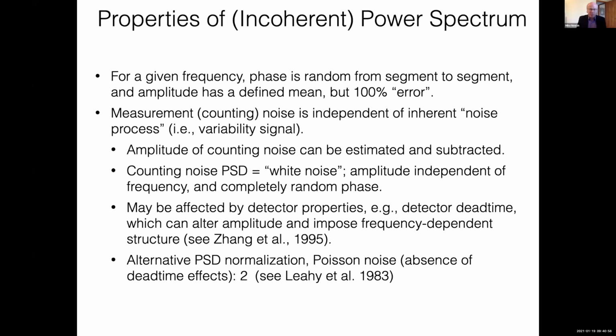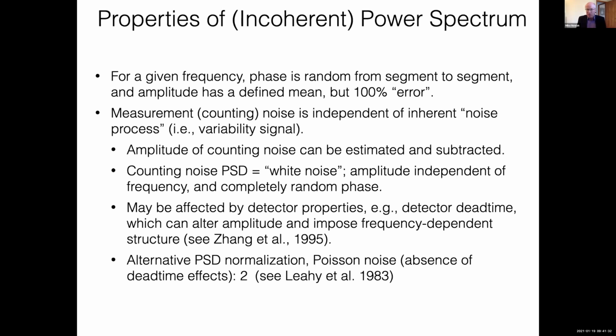However, for one segment and one frequency bin, that measurement essentially has 100% error to it. For the infinite light curve, there's some well-defined average, but for that one individual segment, the power spectrum is not a good representation of that mean. You have to average very many of these together to get a good measurement of that mean. On top of that, we have the measurement counting noise, which is completely independent of the variability processes themselves.